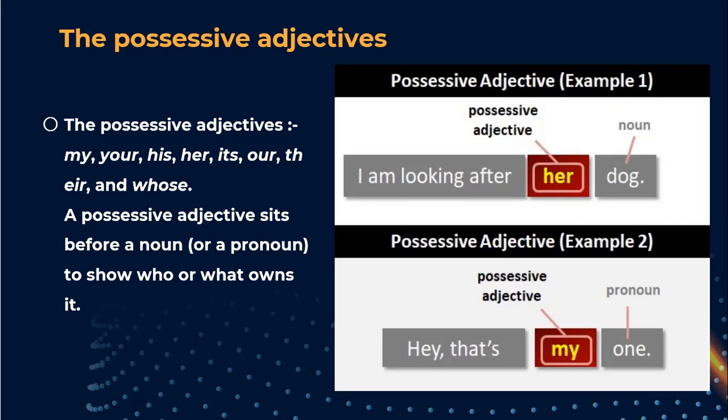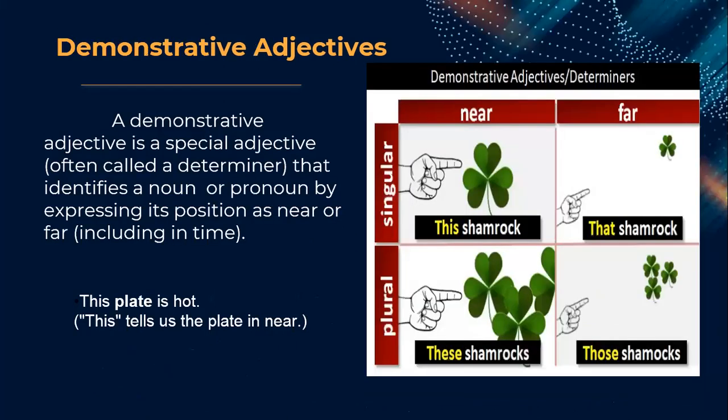Let us talk about another important type, that is demonstrative adjectives. Demonstrative adjectives show the distance between the speaker and the things. The adjectives are this, that, these, and those.